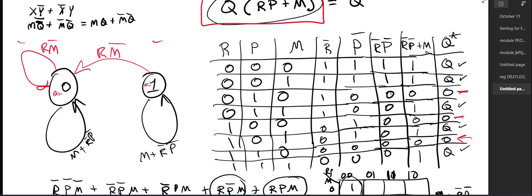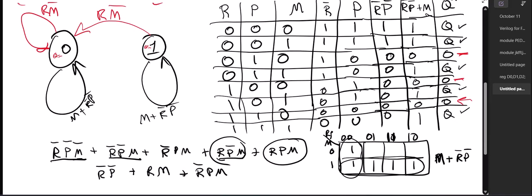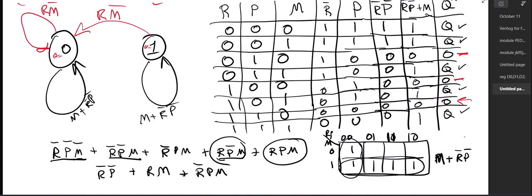And so then I had these rows, and I used a Karnaugh map to figure out the rows that corresponded to Q. I wrote those out here, and then I just did some algebraic simplification.